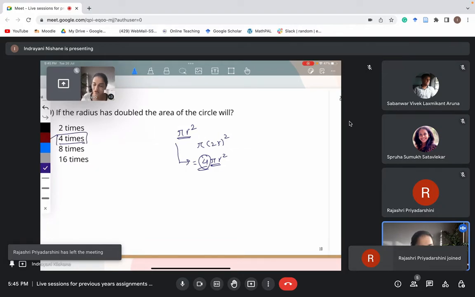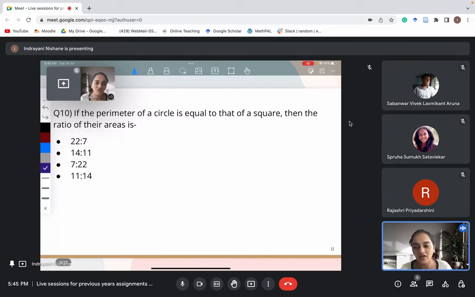So coming to the last question for today's session, question 10. If the perimeter of the circle is equal to that of the square, then the ratio of their areas is being asked here. So let's try to list the formulae to be used first. Perimeter of circle is nothing but circumference.